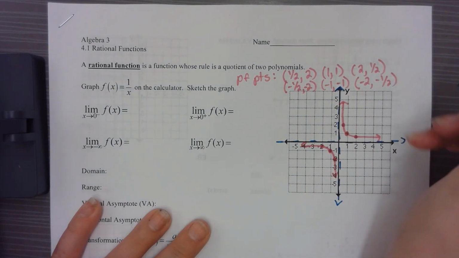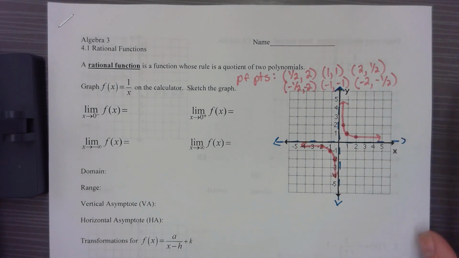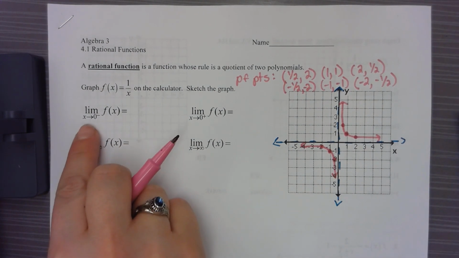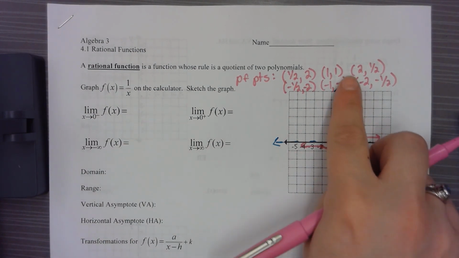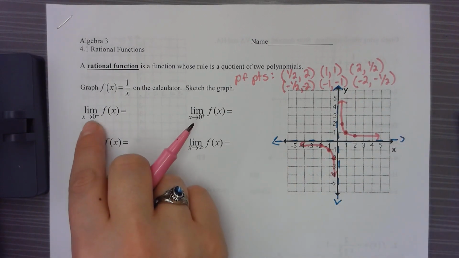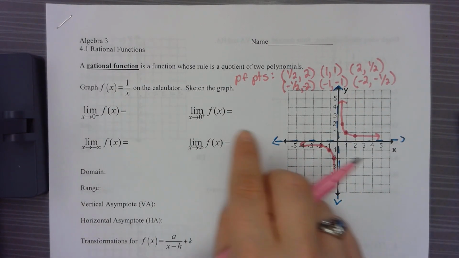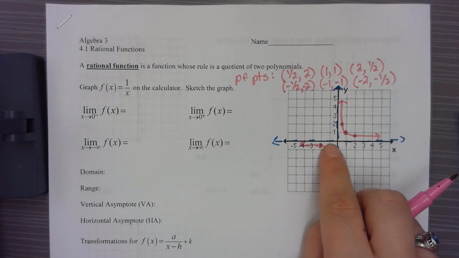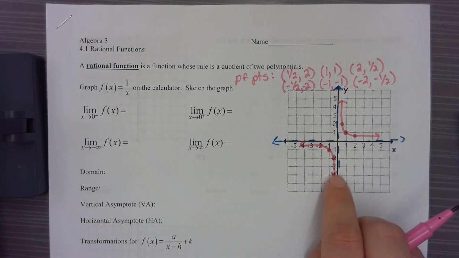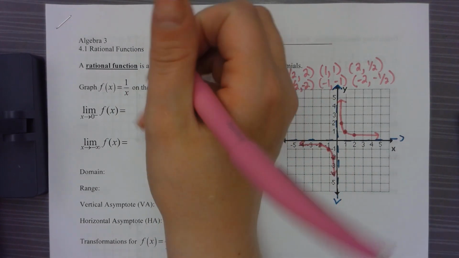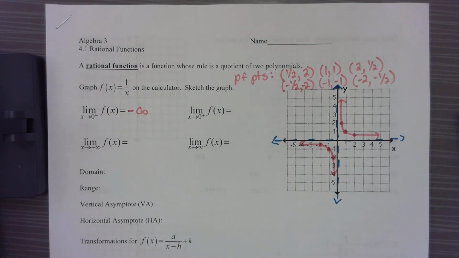So we are going to talk about some end behavior here. This is saying as we're approaching 0, the x value of 0, from the left side, that's what that little negative means. It means from the left side. As we get closer to 0 from the left side, our graph is going down, so this is approaching negative infinity.